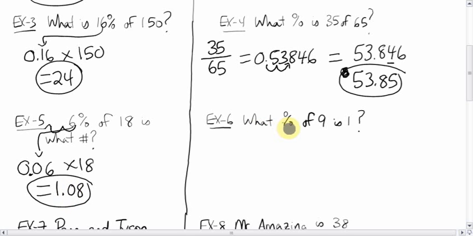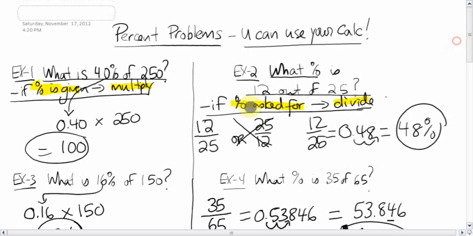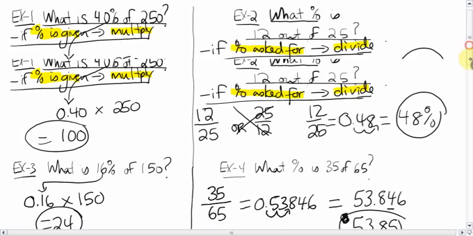Next, what percent of 9 is 1? Both these questions are worded a little bit differently than the ones above. That's no big deal. First off, are we going to multiply or divide? We're going to divide because we're asked to find percent. Like that rule up here, if you're asked to find percent, you divide.